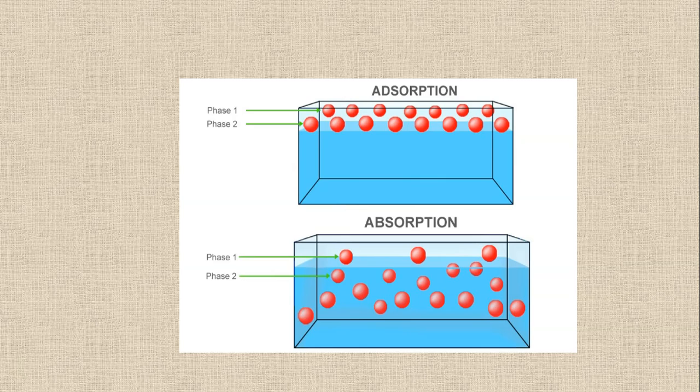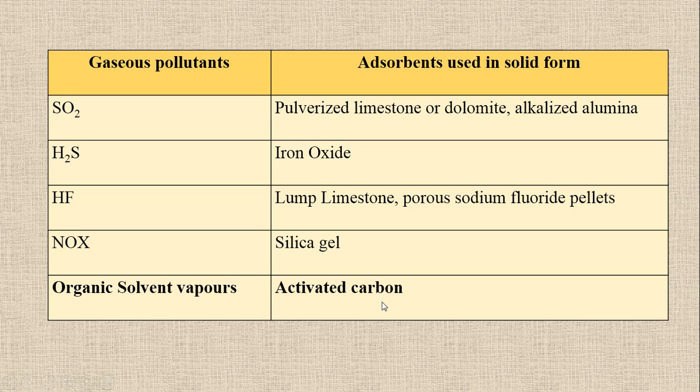So already in the last video we had seen the difference between absorption and adsorption. In adsorption, the gaseous contaminants adhere to the surface of the adsorbent, whereas in absorption the gaseous contaminant gets absorbed by the absorbent. So the various adsorbents are used in solid form to remove these gaseous pollutants.